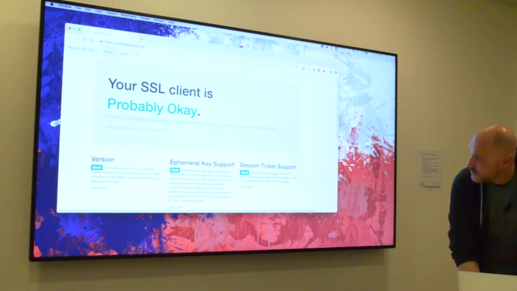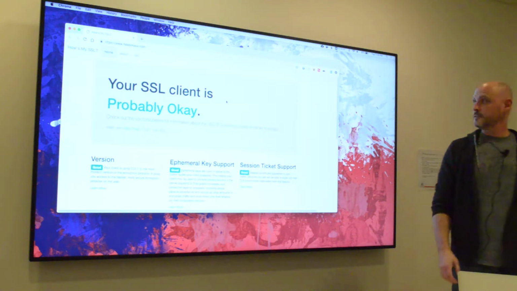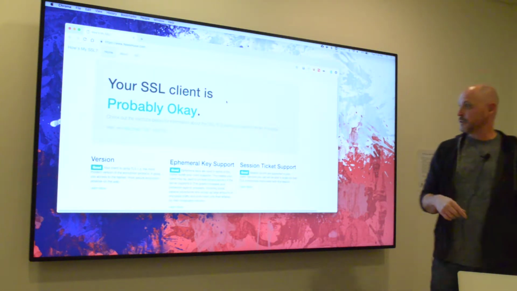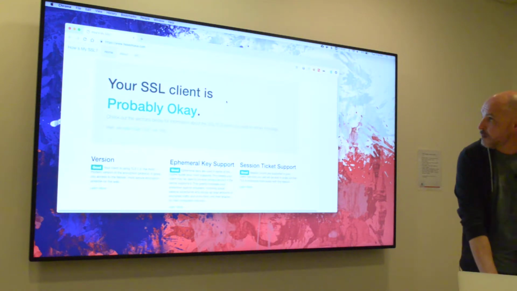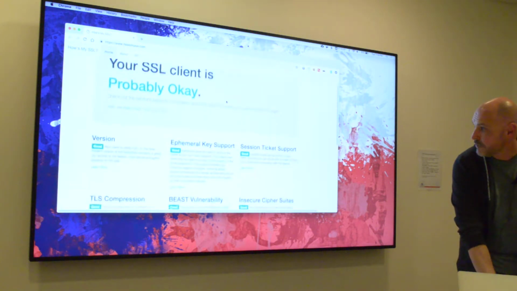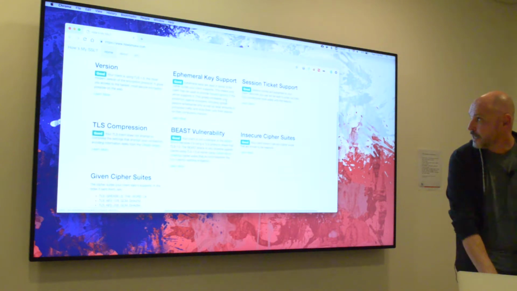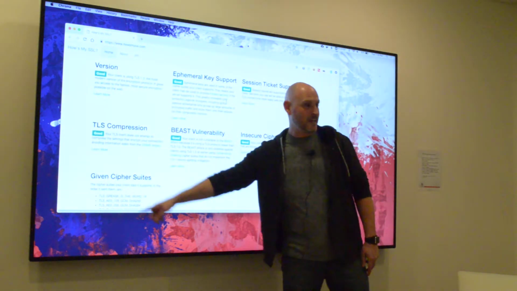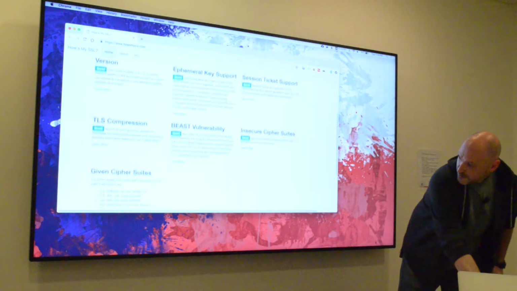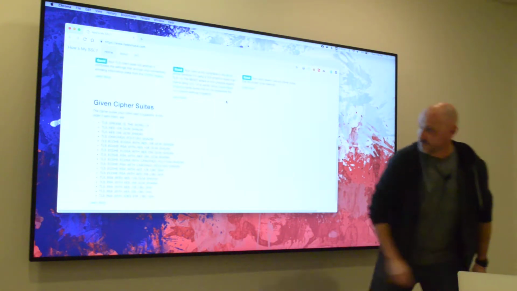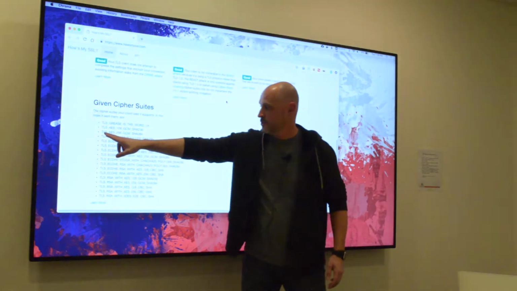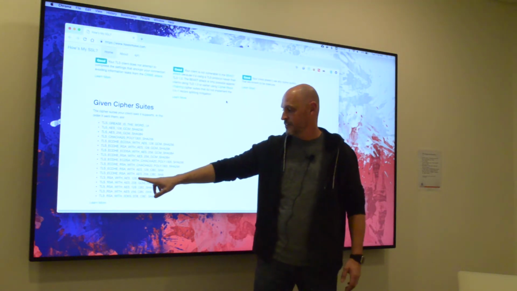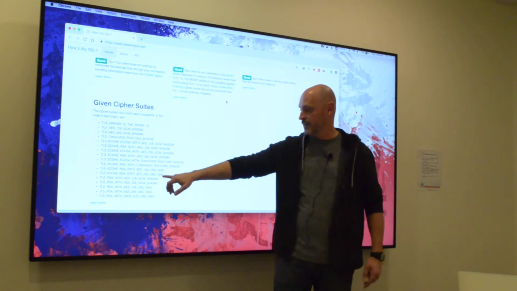So here is an example of me testing, and this is testing your own client-side configuration. You can see I'm using Chrome, and it's looking through cipher suites. Here you can see protocol, key exchange, signature, data, and MAC.